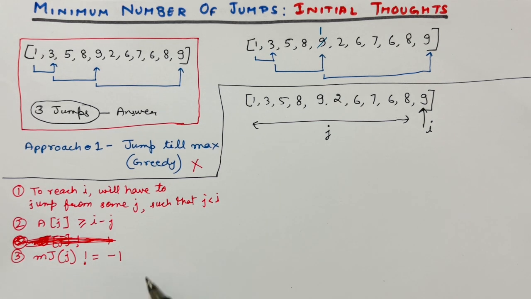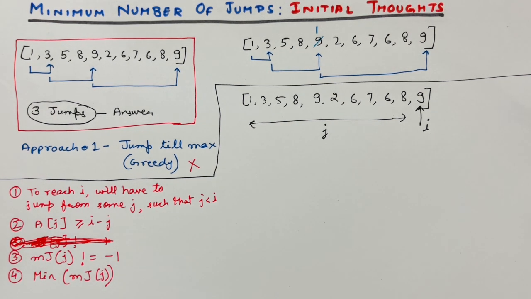Now, there can be many j's which satisfy these conditions. They are reachable, we can make a direct jump to i from that j, and they are prior to i. So which of these j's should we choose? Since our aim is to get the minimum number of jumps, we should choose the j which gives us the minimum number of jumps.